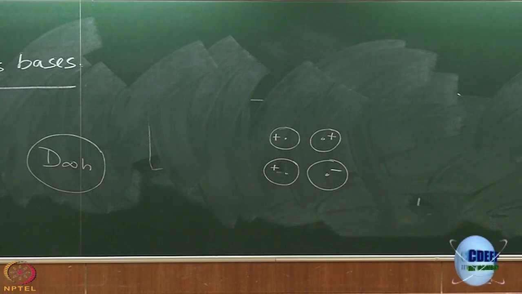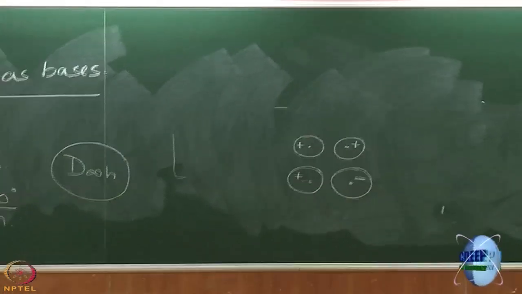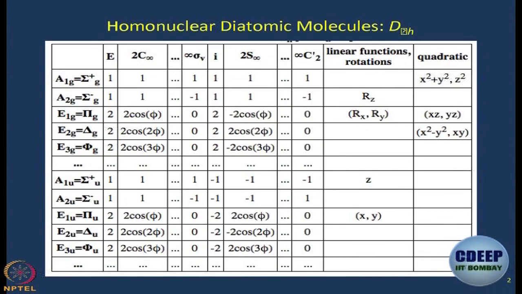With respect to C infinity, is the character 1 or minus 1? The bonding orbital, character is 1. With respect to sigma V, is the character plus 1 or minus 1? Plus 1. With respect to I, plus 1. S infinity, C2, everything is plus 1, right? So, it belongs here, sigma G plus, right? So, what I do is I call it the sigma G plus orbital.